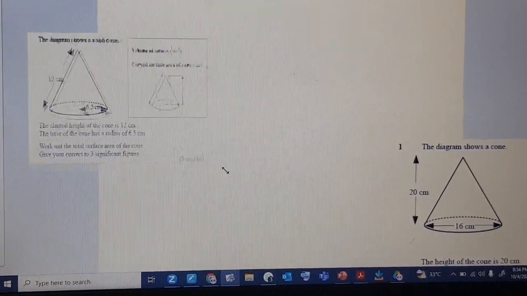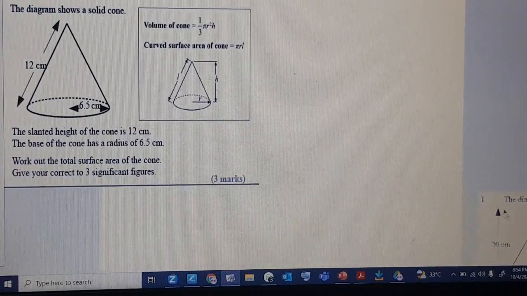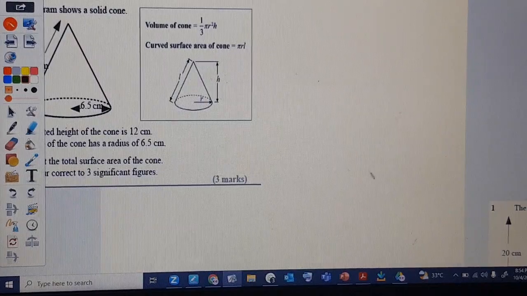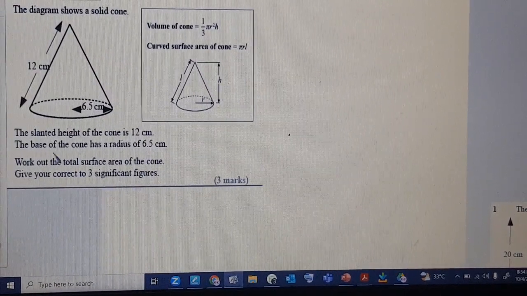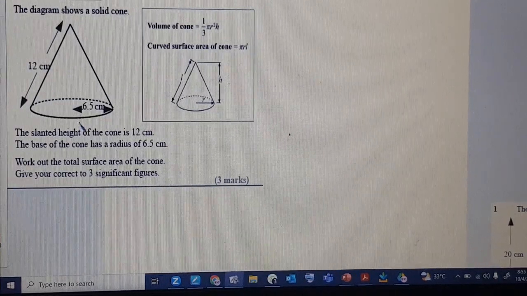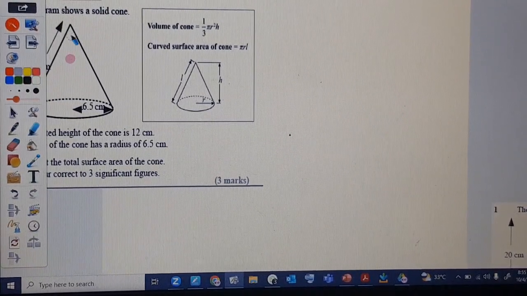Okay, now in this question you can see that we are working on the total surface area, and as far as the total surface area is concerned, we know that we have to find the surface area of the whole thing. And the surfaces that I can see here, there are 2 surfaces. One is this cone.